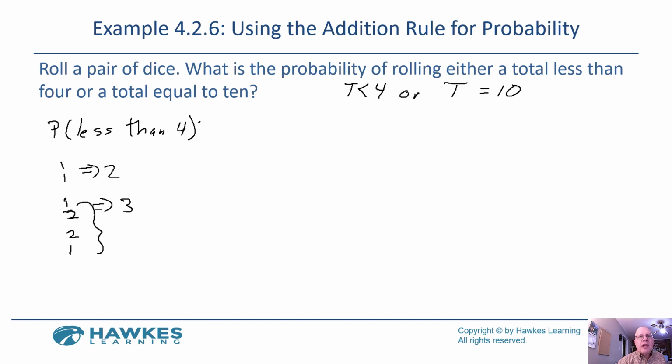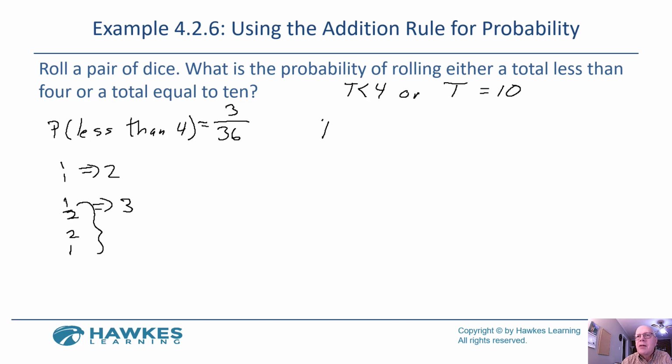Less than 4, if we roll any other way, we're going to get something bigger. At least one of them has to be a 1, and at most one of them can be a 2. So we've got 3, and if you go back to the last lesson, you'll notice there are 36 ways we can get a result when we've got dice.